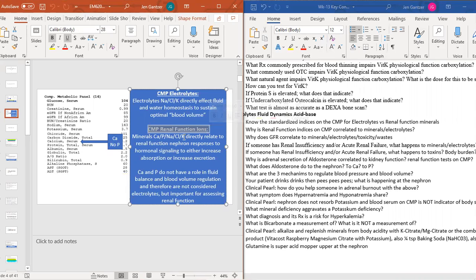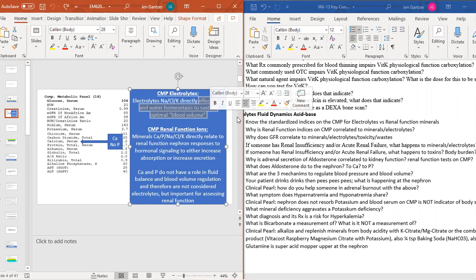However, renal function is associated with analyzing all of the minerals. The CMP electrolytes are only the sodium, chloride, and potassium. And the reason these are electrolytes is because they are directly involved in fluid dynamics as well as blood volume.